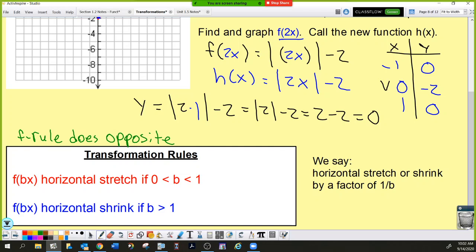This means the reciprocal of the description. So the F rule does the opposite of what the description actually says. The description is what the description is. The F rule is the dirty liar.